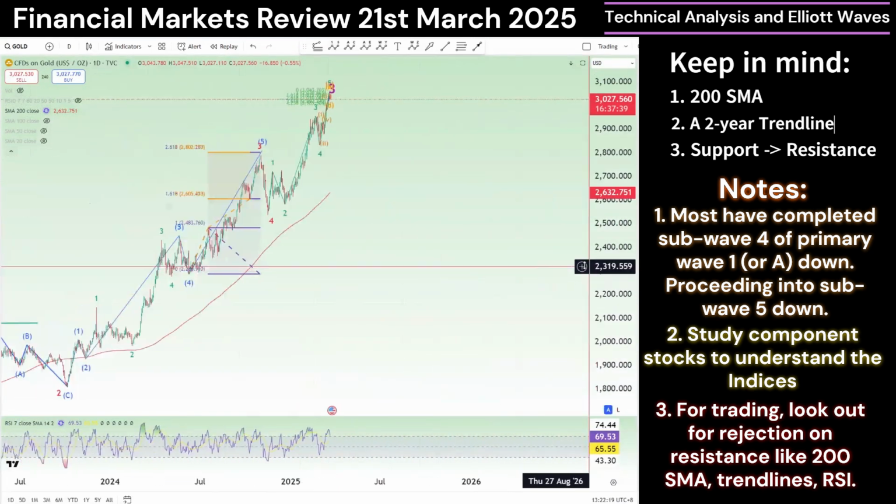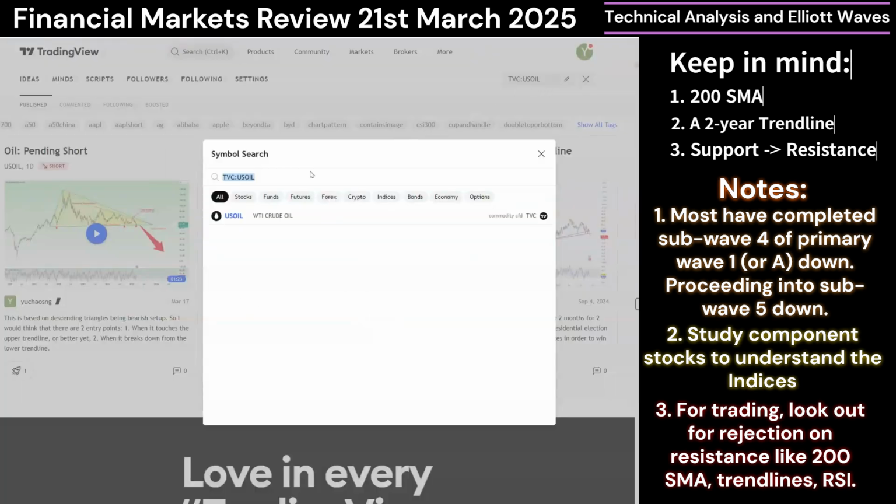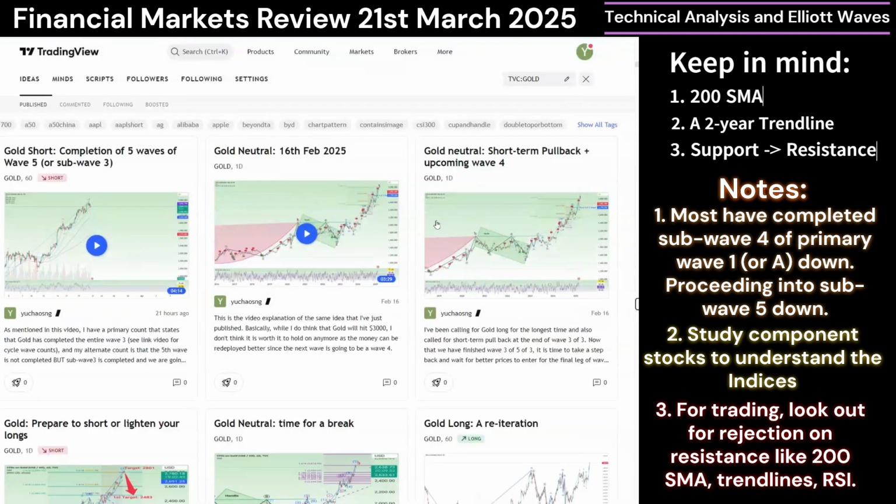Next for gold. For gold, I've actually done quite a number of analyses. On the 16th of Feb, I called for it to be neutral, but I did mention that there is another wave that will bring it up to $3,000, right?